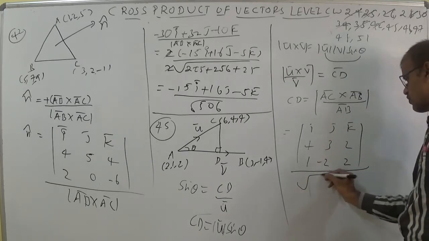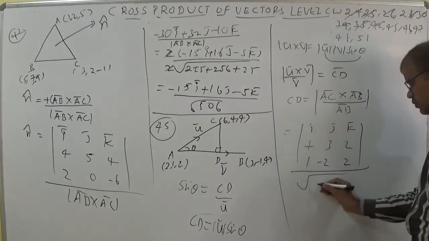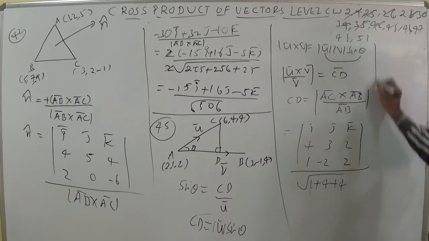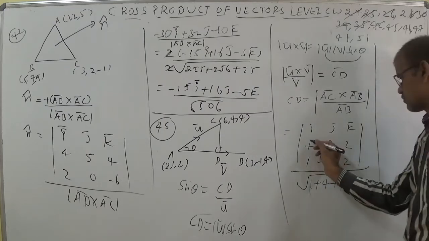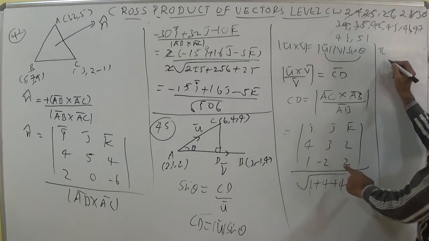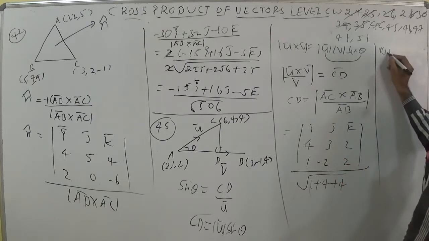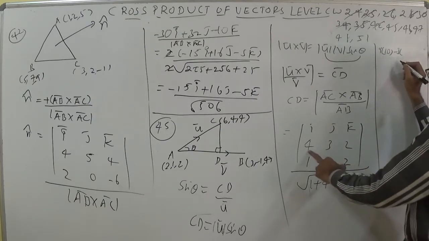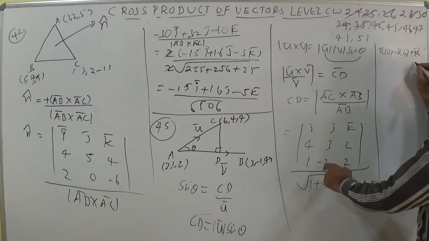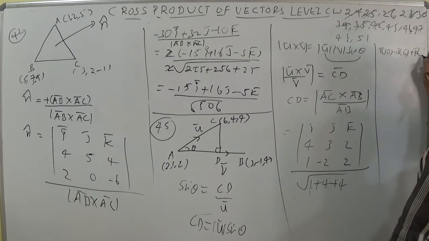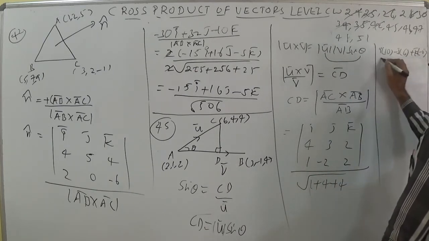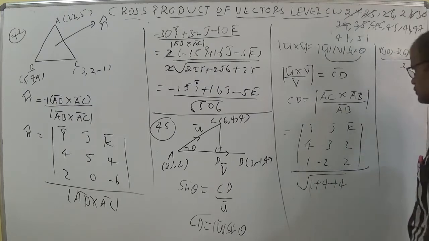What is the magnitude of AB? Whatever the values calculated, you can write 1 plus 4 plus 4. Now we can calculate the value. Here it is 4. So 4 i into the determinant, 6 plus 4 is 10, so i into 10, minus j into 8 minus 2, which is 6, plus k into minus 8 minus 3, which is minus 11, whole by 3.